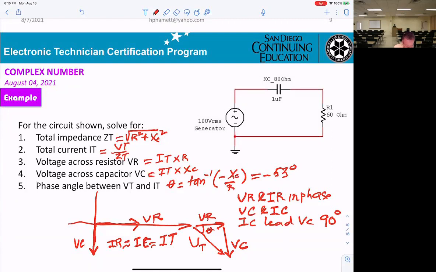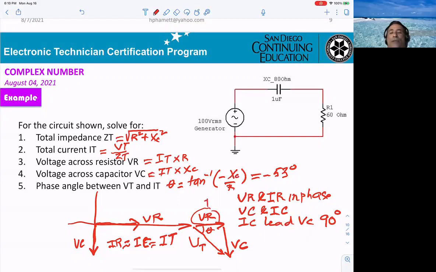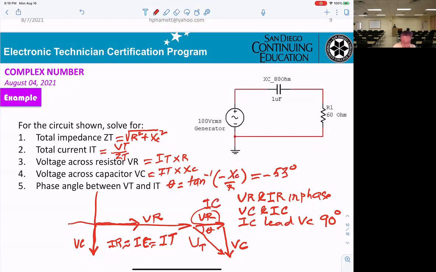IR, IC, IT, that's the same. And basically, VT will be in phase with IC, right? So that tells you IC will be leading VT by 53 degrees.